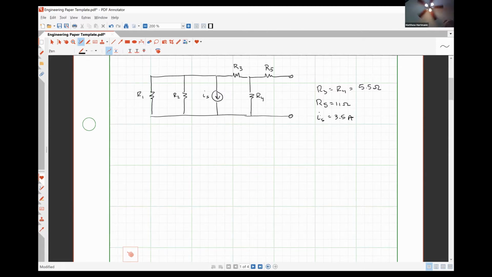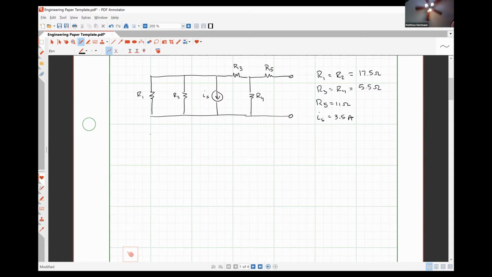All right, so we can see right off the bat, or hopefully we can see right off the bat, that R1 and R2 are simply connected in parallel. So we could combine them. Based on my values, that would be 17.5 over 2, which is 8.75 ohms. So I guess I'll draw it out multiple times.